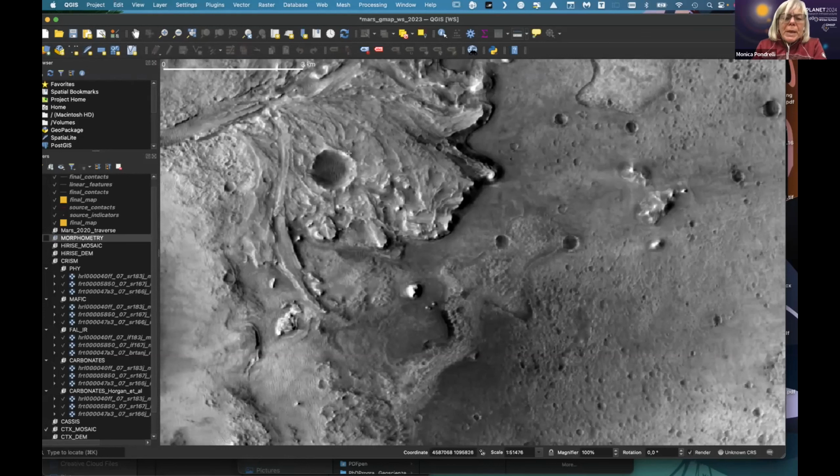So map the crest of the crater with one line. You can eventually distinguish when the crest of the crater rim is well preserved, and when the crest of the crater rim is not well preserved.